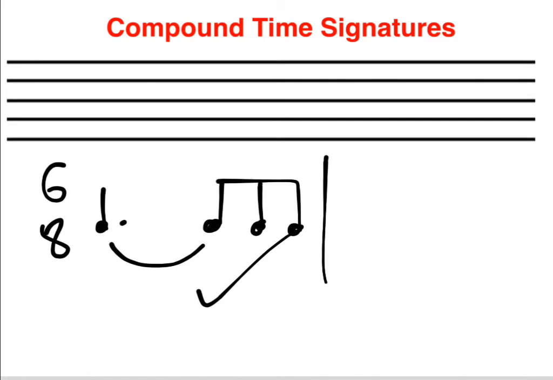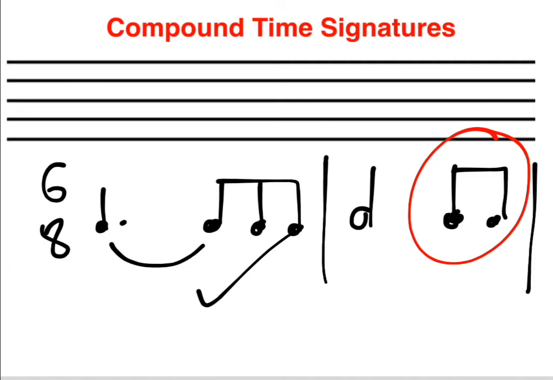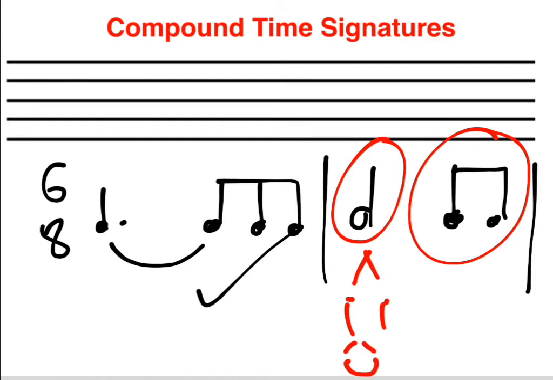So that is correct. You would never write this rhythm as a minim and 2 quavers. Okay, because you're back to simple time signatures there. As you can see, you've got a group of 2. Okay, and then another note that can be split into 2. So again, you're very much into simple time signature territory here.